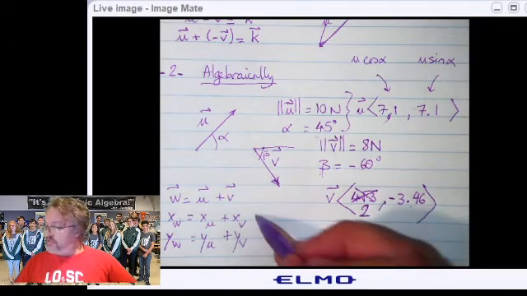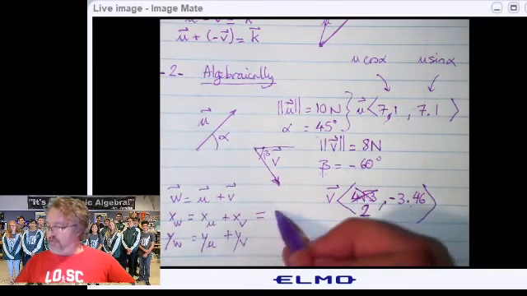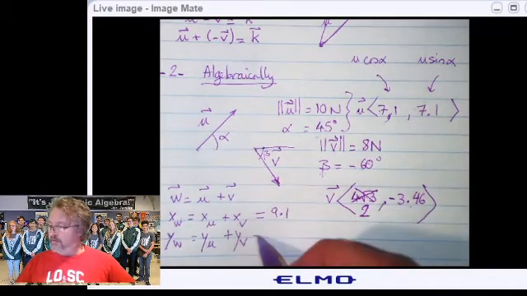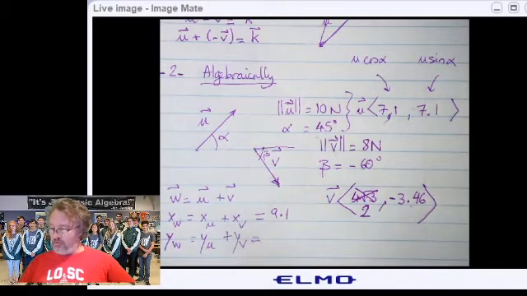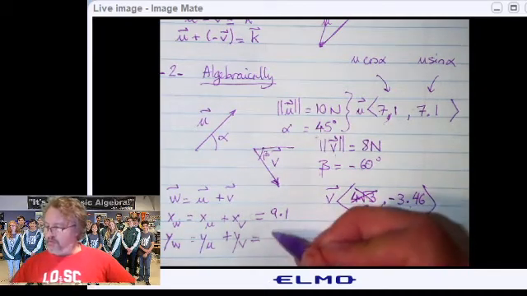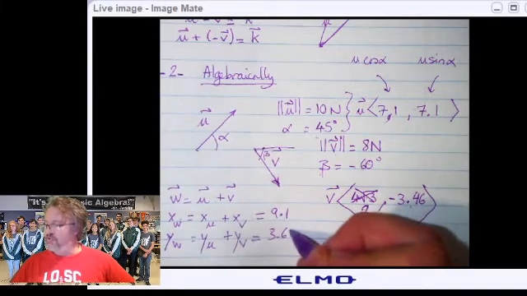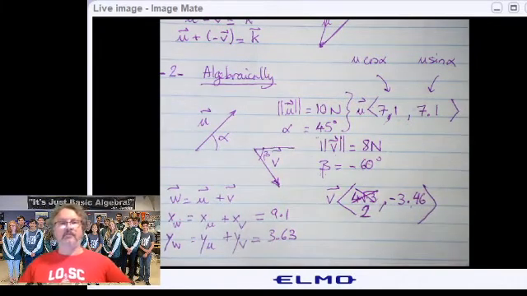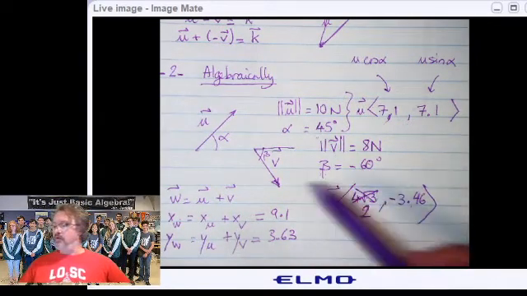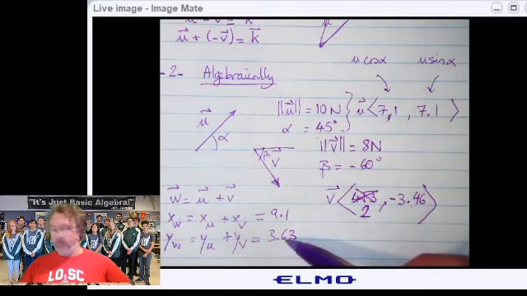So if now we do this here, right here you're going to have 9.1, and right here you're going to have 3.63. Those are the components of the vector w.